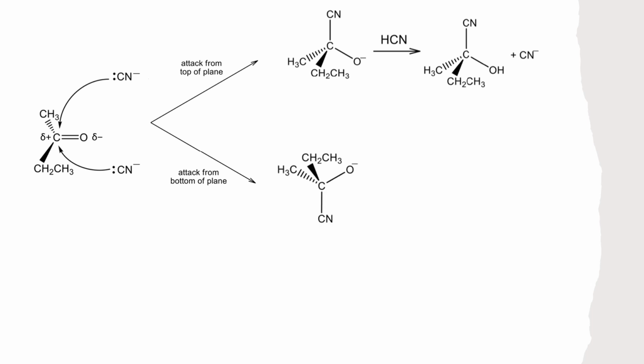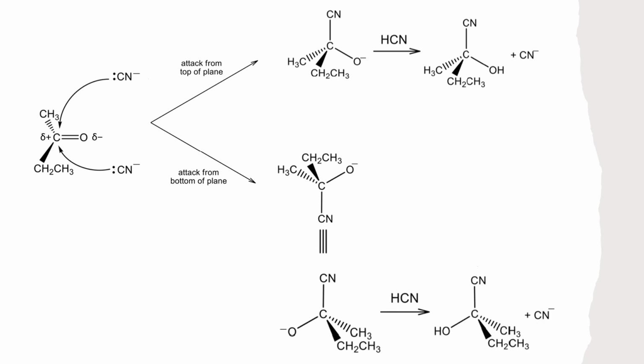When the nucleophile attacks from the bottom, all three groups on the plane will be pushed upward. Again, this is due to the electronic repulsion with the new bond pair formed. This gives rise to another enantiomeric form.